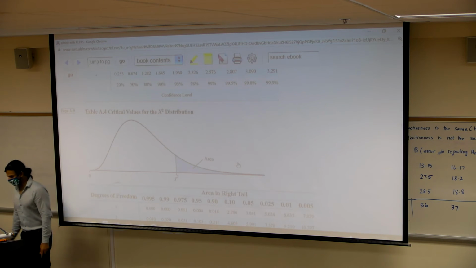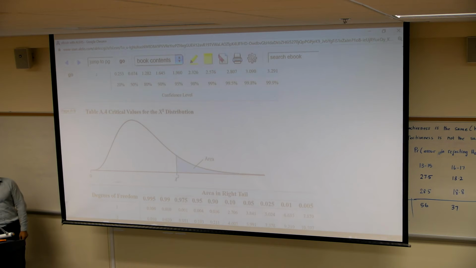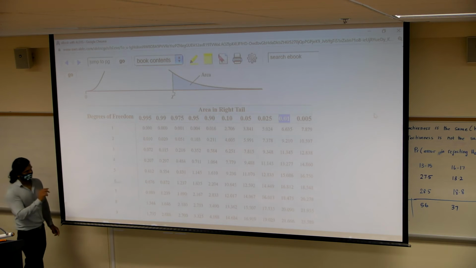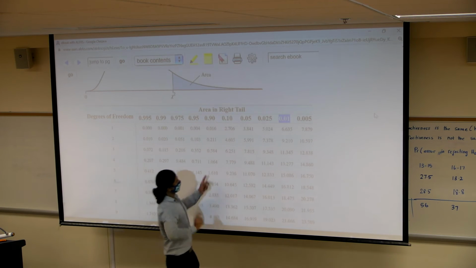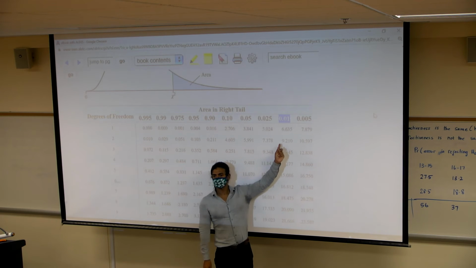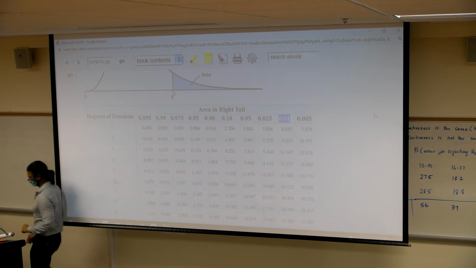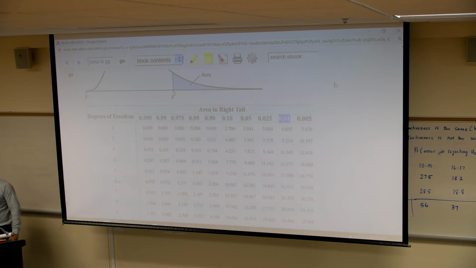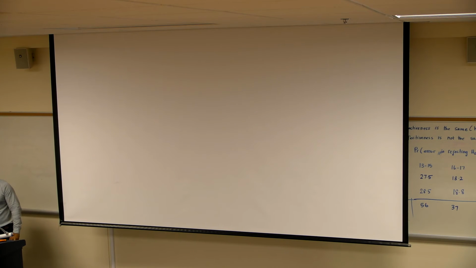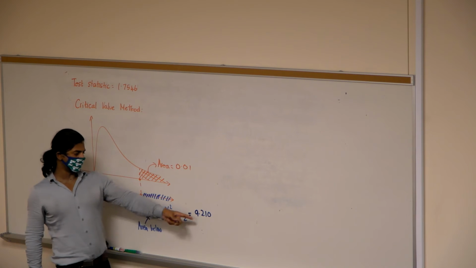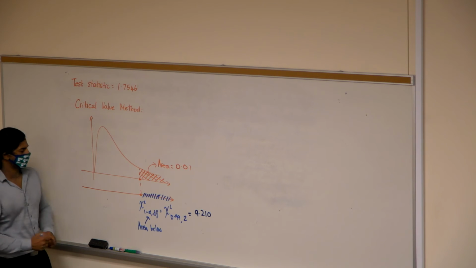We look at the column corresponding to 0.01, and the degrees of freedom in this case is 2. We found that earlier. So the critical value is 9.210. Does that make sense?